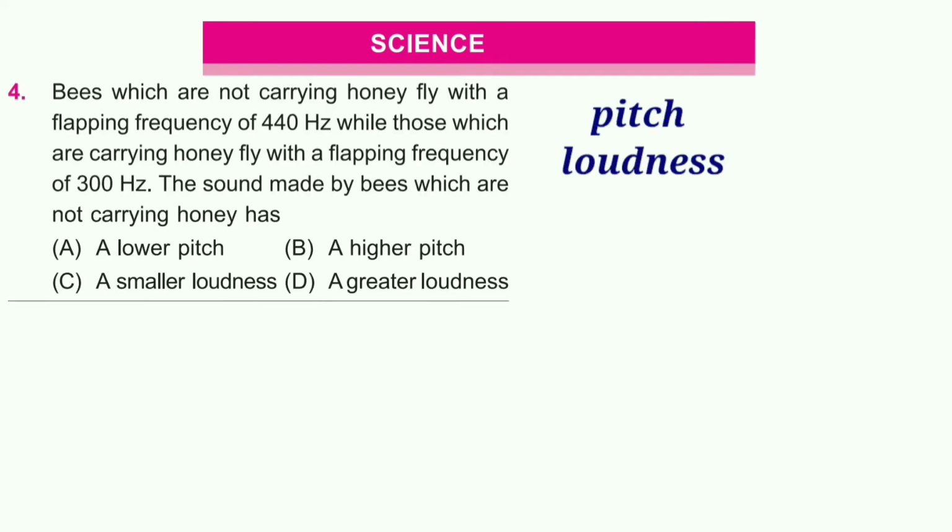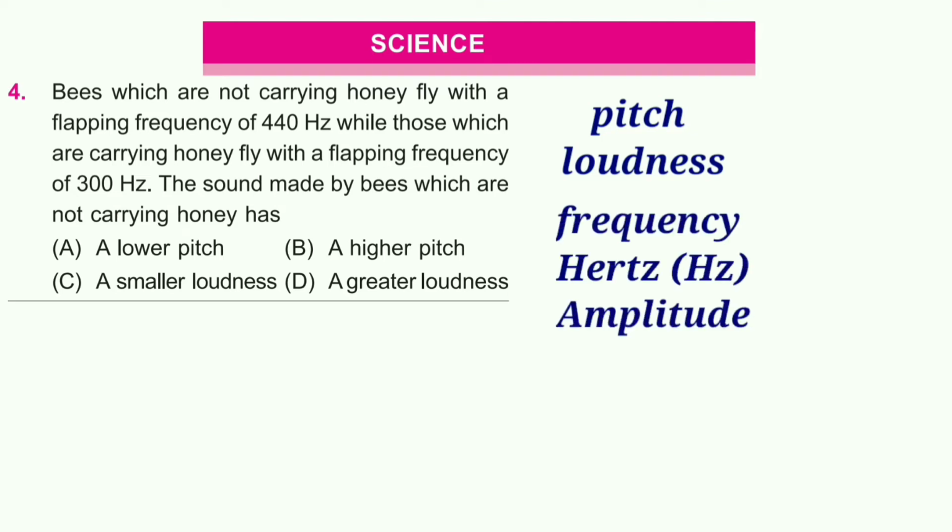As we know, pitch and loudness are characteristics of sound. So before solving the question, we have to be clear about the terms frequency, hertz, pitch, loudness, also amplitude. These terms are responsible for differentiating between different types of sounds.